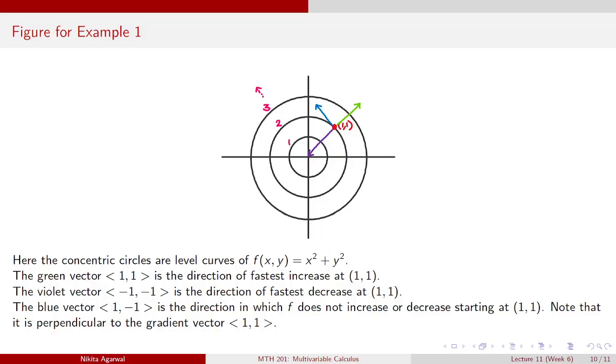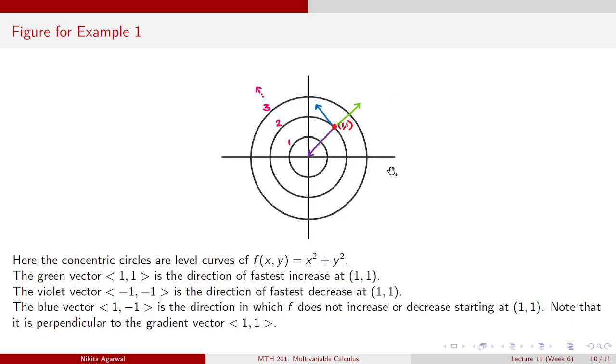You're walking across the concentric circles. When you go in the reverse direction, you are decreasing fastest, which is the violet or purple direction. And the blue direction, which is the given vector where the directional derivative was 0, if you walk in this direction, then you neither increase nor decrease. Note that this vector is perpendicular to the gradient vector, which is the green direction. These two vectors are perpendicular to each other.